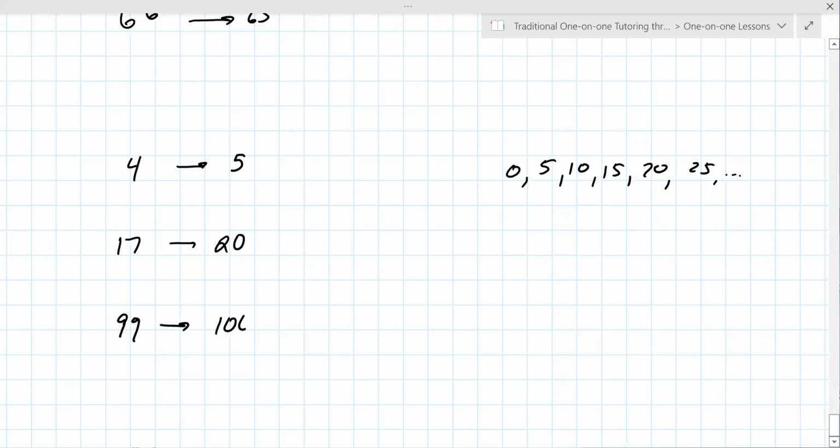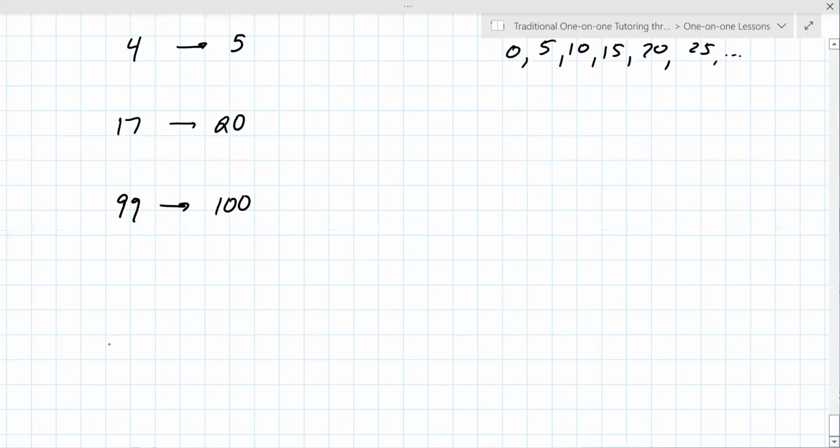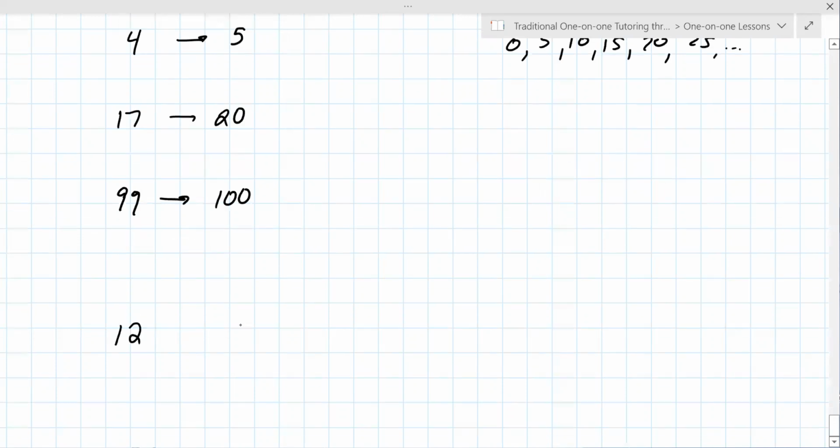So now we're going to do some 3-digit ones. Okay. So here's a 3-digit one, 123. 120. So there's two options, right? 120 or 125. Which one is it closer to? 120.